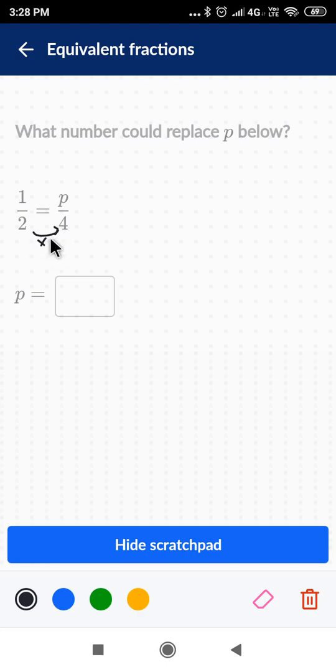Two into 2 is 4. 1 into 2 is p. So how much is p? 2.